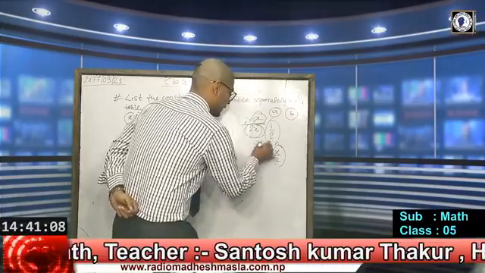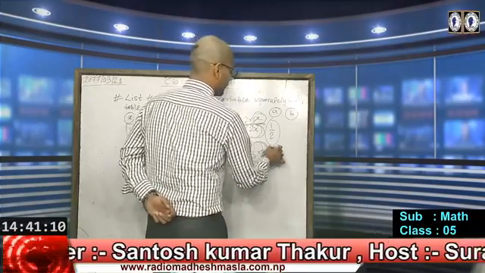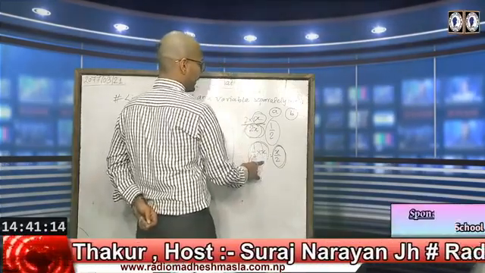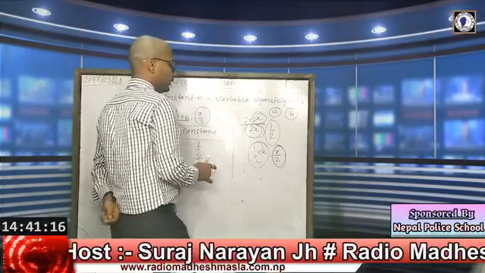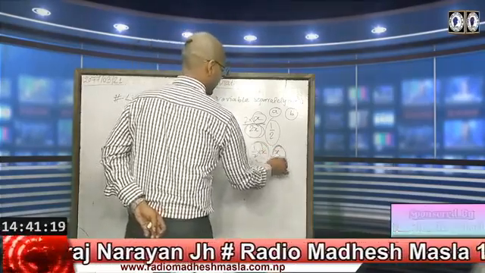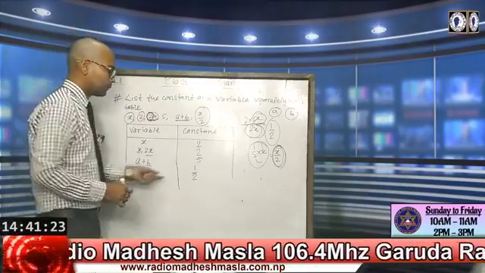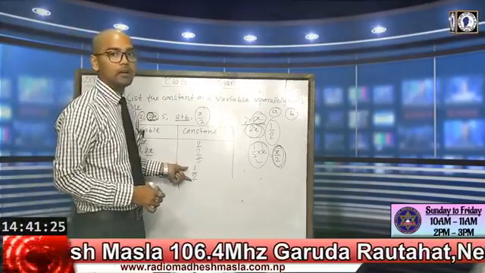So x by 2 is a variable and 1 by 2 is a constant.